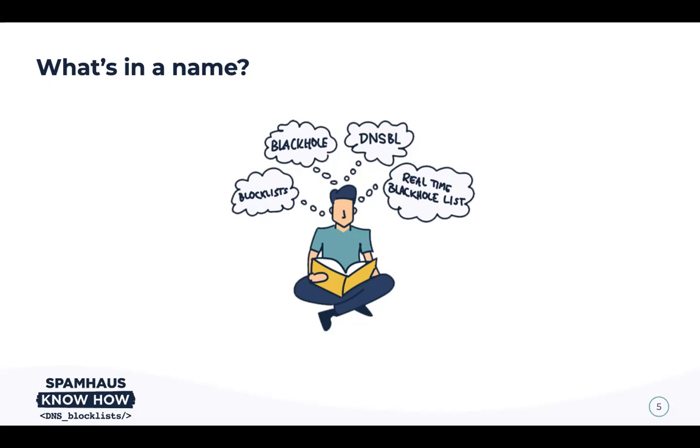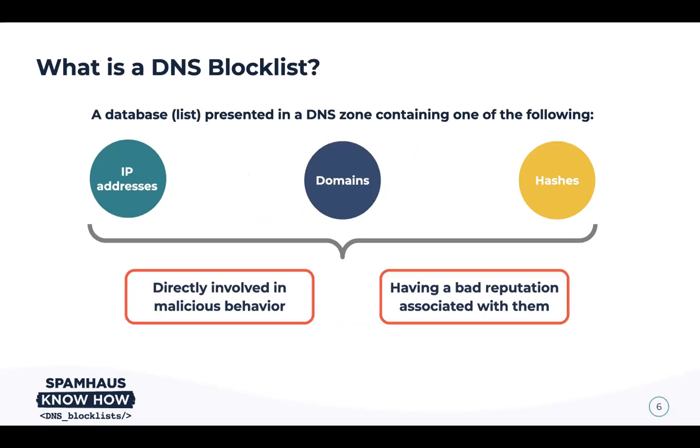Thank you. Yes, as a matter of fact, as Carol said, we're giving a lot of different names to what is actually exactly the same thing. So where does the name DNSBL come from? Well, it's just a combination of two things. The BL part, of course, stands for block list.